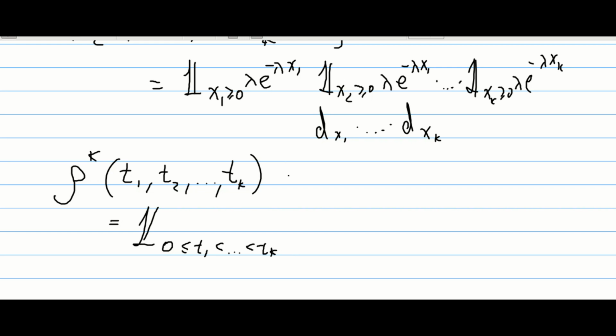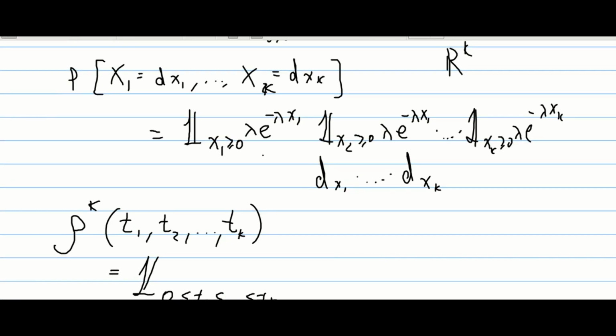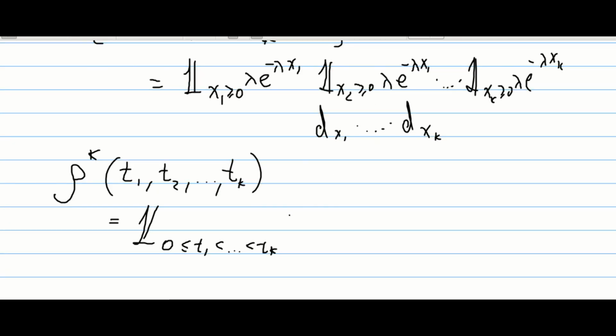And here we have the differences between them playing the role in the distribution. So here we're going to get lambda to the k, e to the minus lambda t1. This is the distribution of the first variable. Now we get e to the minus lambda x2, but x2 is t2 minus t1.